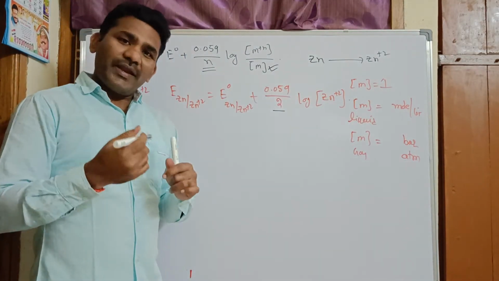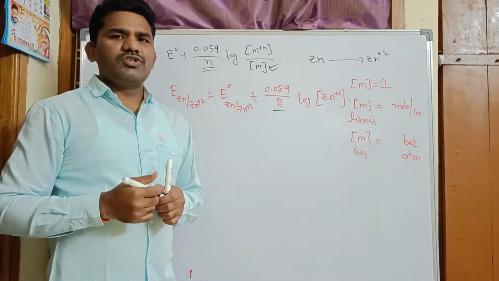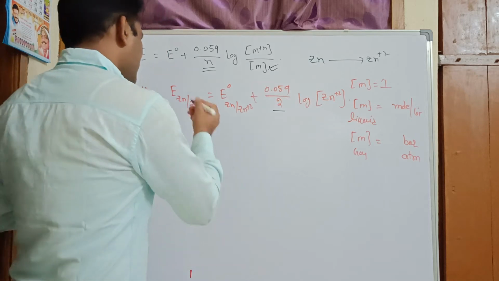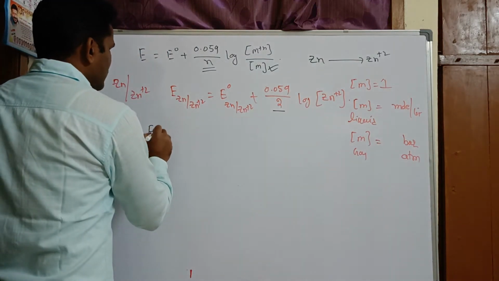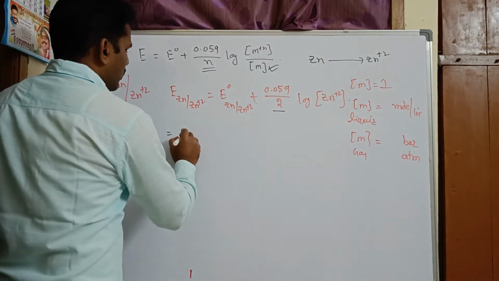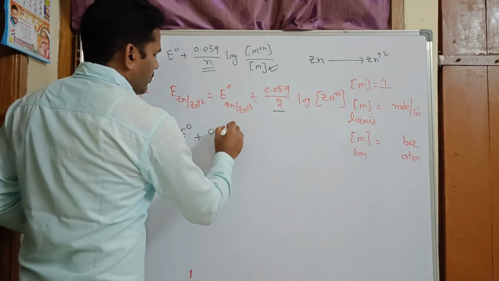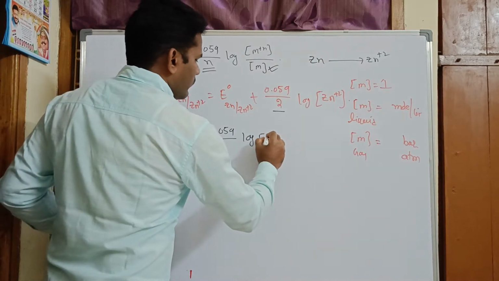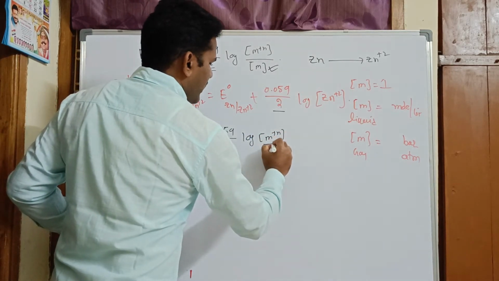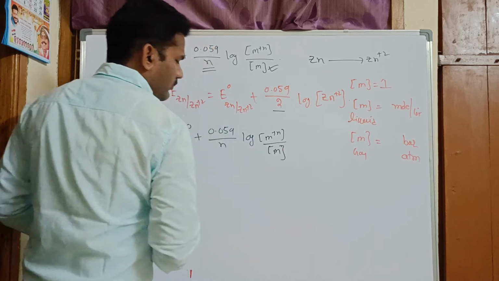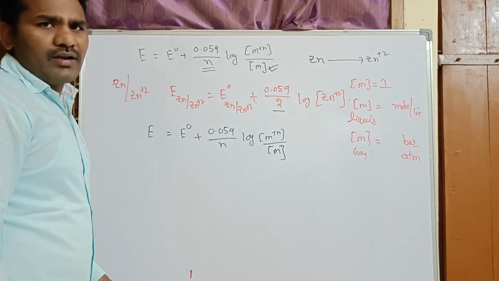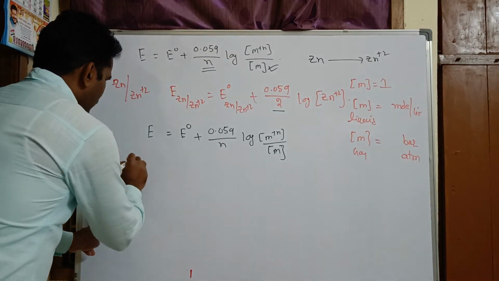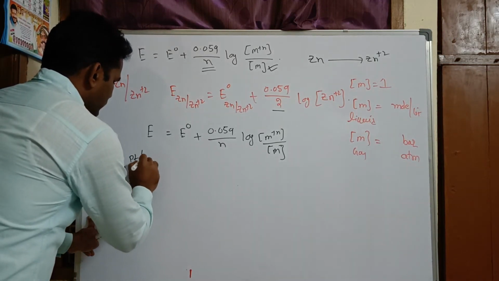Now, let us apply this Nernst equation to the standard hydrogen electrode. E = E naught + (0.059/n) log of metal ion concentration by metal concentration. For the standard hydrogen electrode, we write H2, Pt / H+.